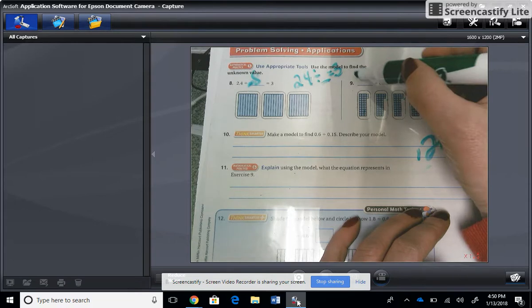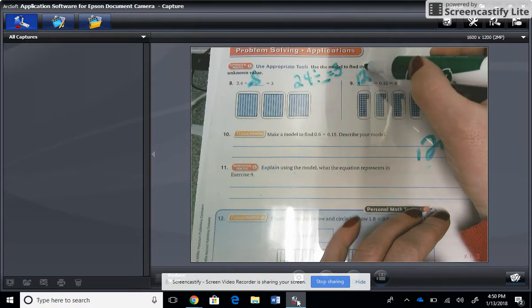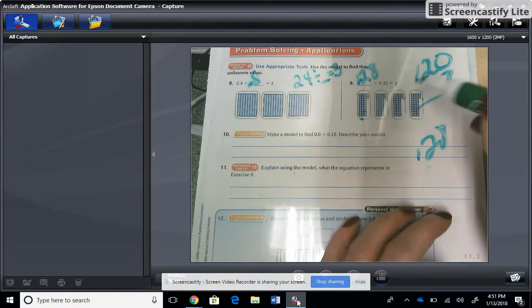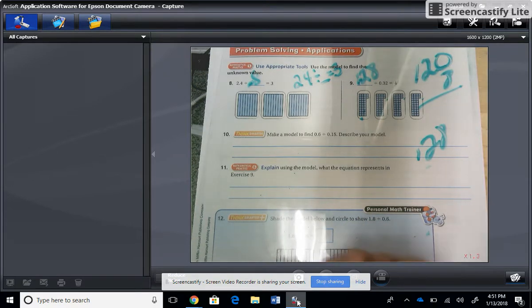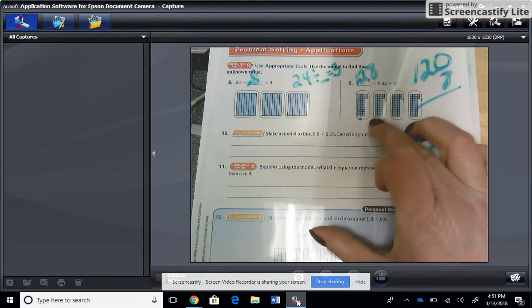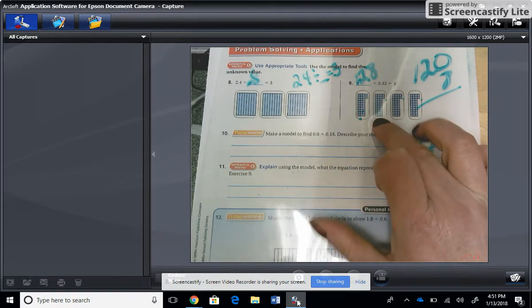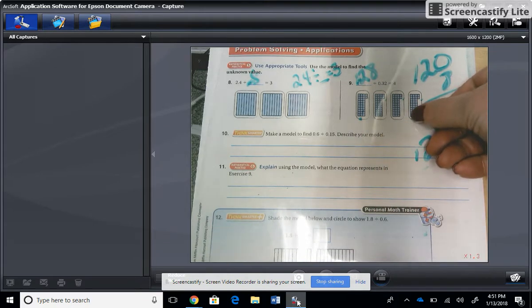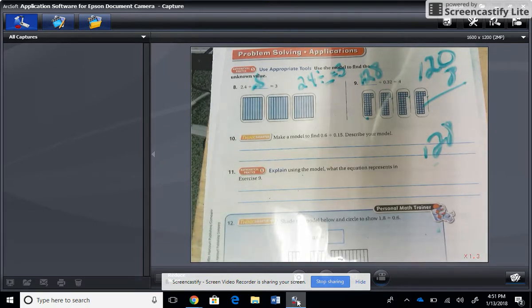So what did I divide this by? How many did I have all together? 1 whole and 28 hundredths. Because you have to count 10. 1, 2, 3, 4, 5, 6, 7, 8. You have 3, 6, 9, and 1 more of these would make a whole one.